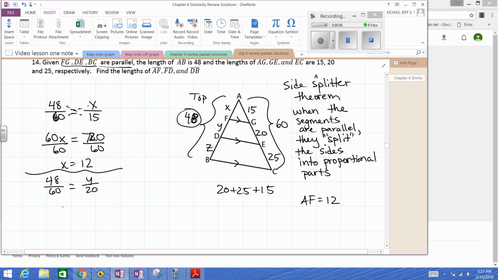Next, 48 over 60 equals Y over 20. People do use scaling up, scaling down, but I'm just going to keep going with proportions. So 60Y is, I think that's 960. I'll check in a second. Let's say that's 16, but let me double check that. Yeah, okay. So then we had Y, which was FD. Now we have to find DB.